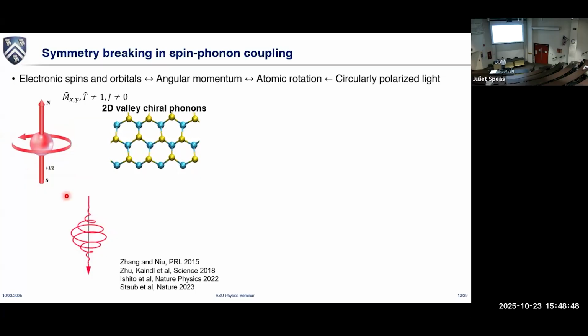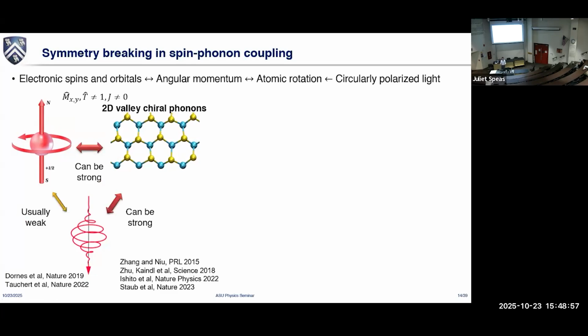But if you actually put circularly polarized light into materials, you'll find that usually they couple very weakly with spins. This is because most light-matter interaction relates to the electric dipole interaction with materials, and magnetic dipole interactions are orders of magnitude smaller.